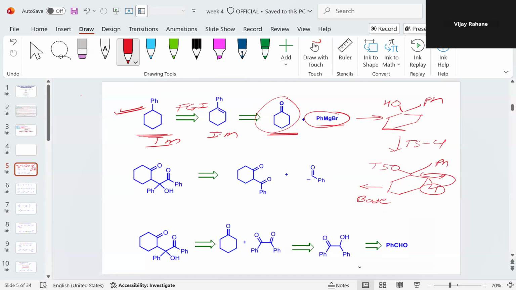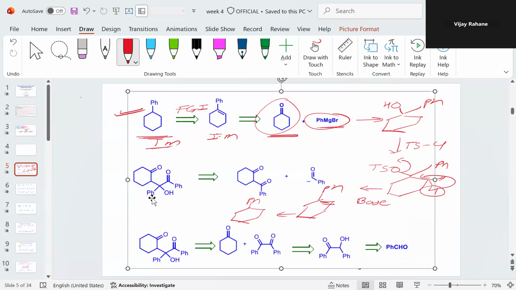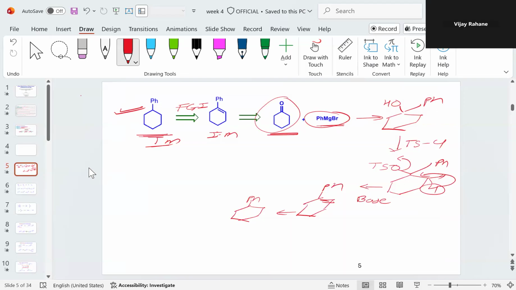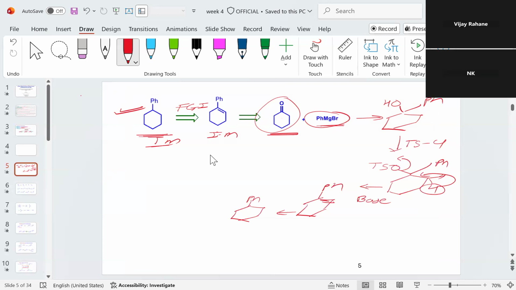So on E2 elimination, this OTs group can eliminate and we get this type of intermediate, which further, on reduction of this double bond, we can get this Ph, which is our target molecule. I will just crop the other part, just remove the other unnecessary part. Okay, right. So in this way, you can achieve the synthesis of this molecule.